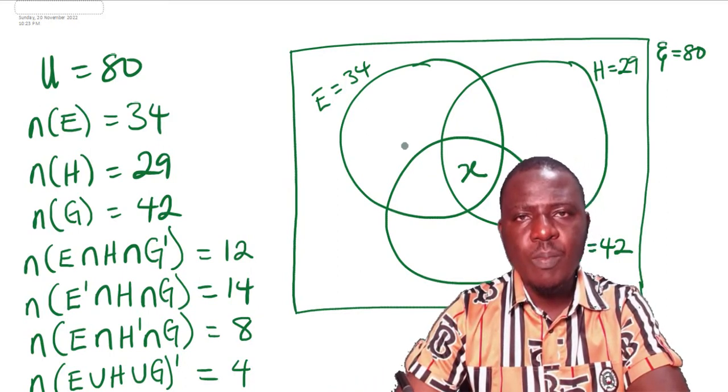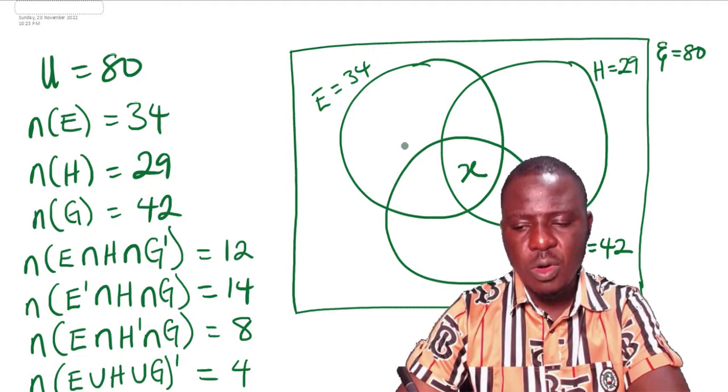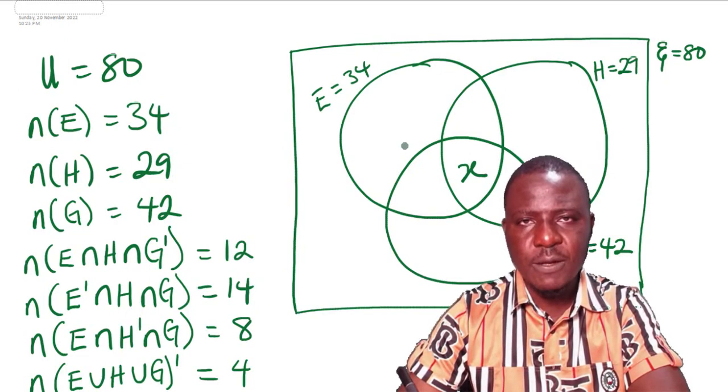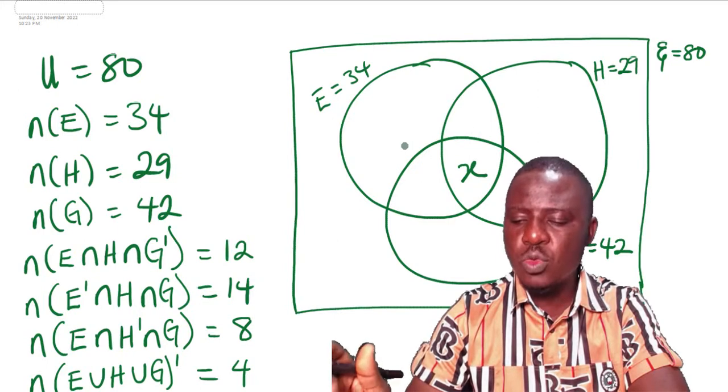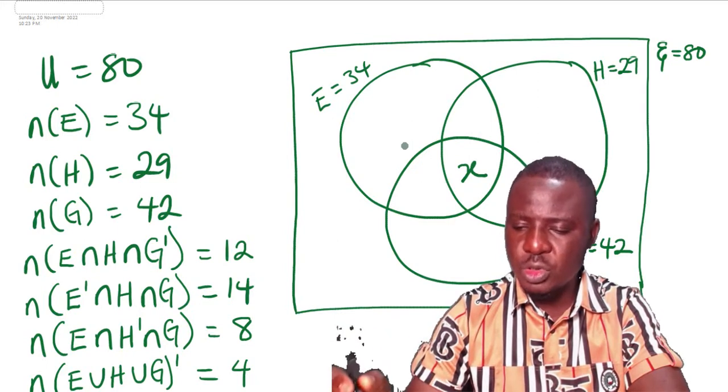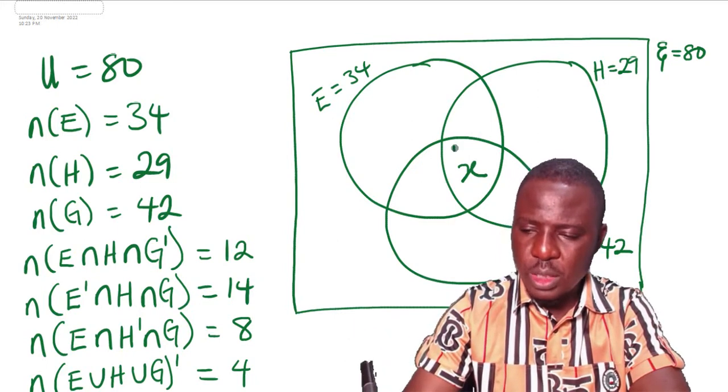If you recall, while we were treating Venn diagrams on classification of 3 subsets, I told you that the 3 subset problems can be divided into 8 regions. That is region 1.